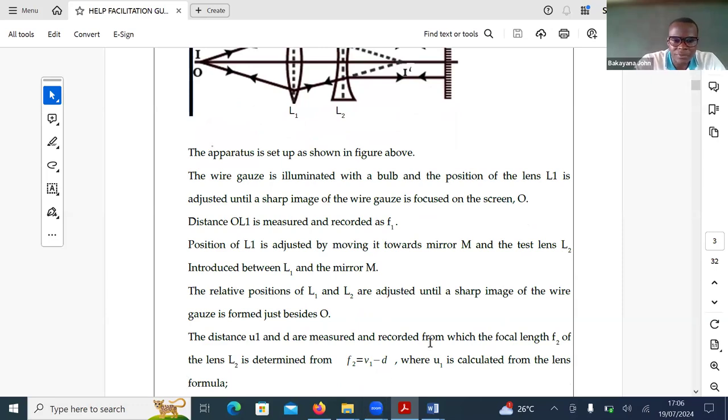Okay, so we can get F2, the focal length of a concave lens, from a formula.